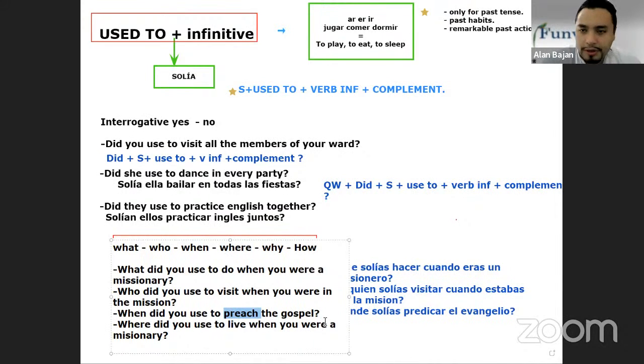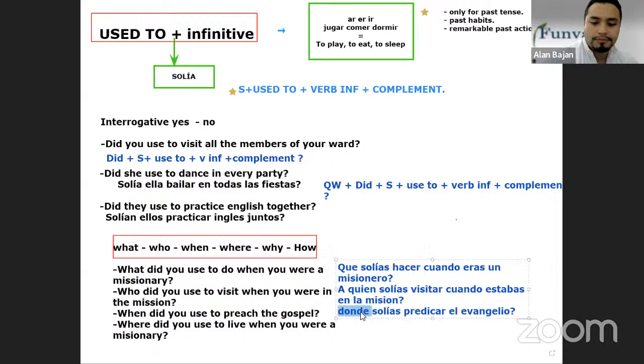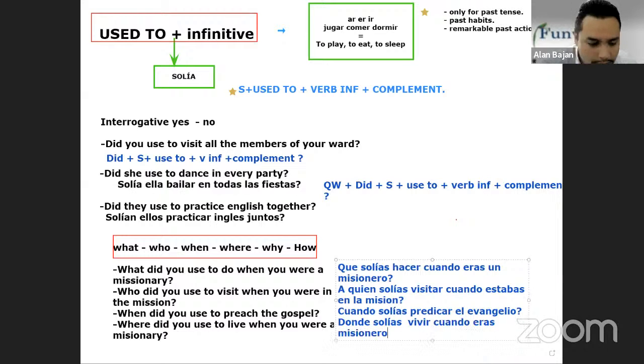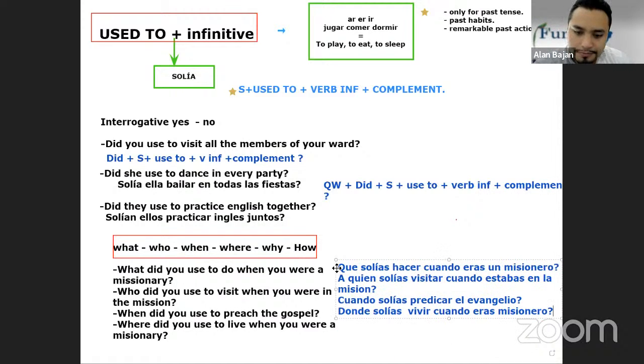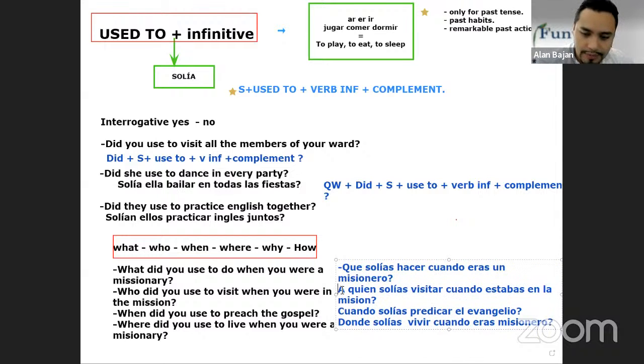I used to preach the gospel when I was a missionary, when I was in the mission. So this is the translation of the questions.